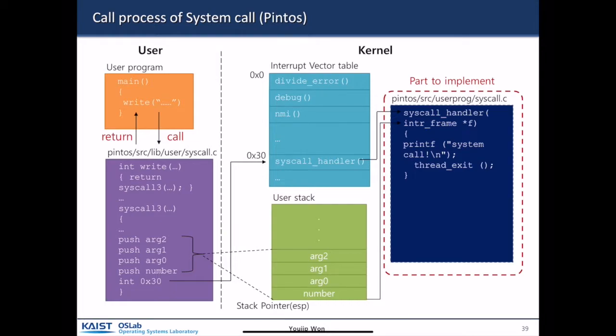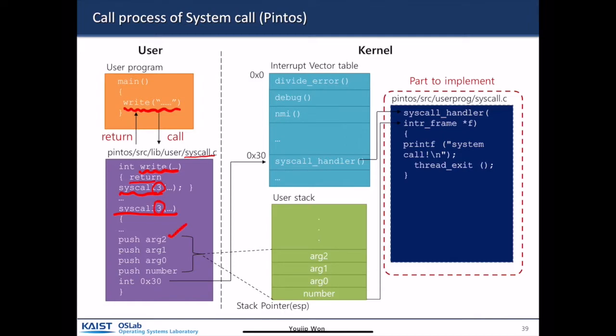This is the call process of a system call in the Pintos operating system. If the user calls write, there is a file called syscall.c, and it contains the body of write. It returns via calling syscall3, which means a system call with 3 parameters.